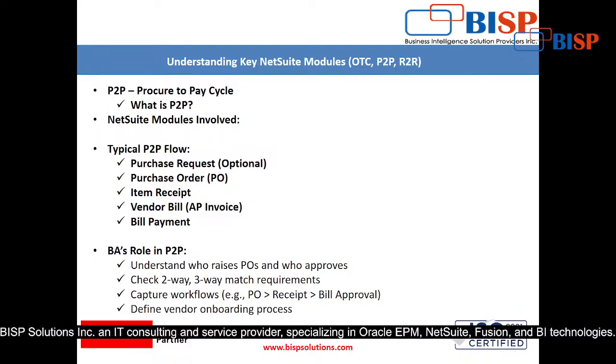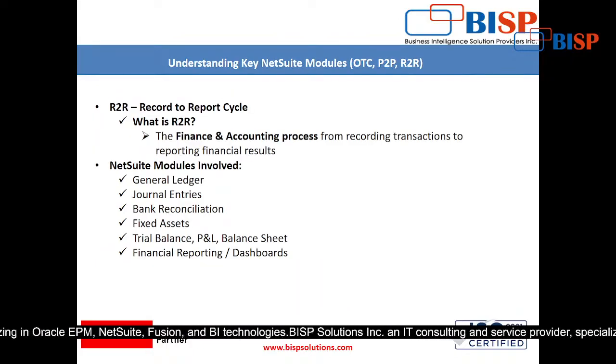Then what will be the BA role in P2P? Understand the process, who raises the PO, who approves it. Mainly the approval process is there in NetSuite. So the business analyst will see exactly what needs to be done. Then we saw record to report.